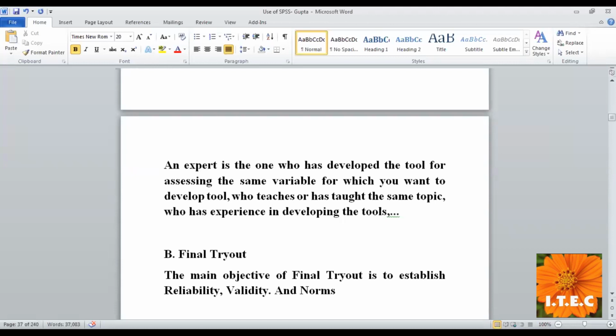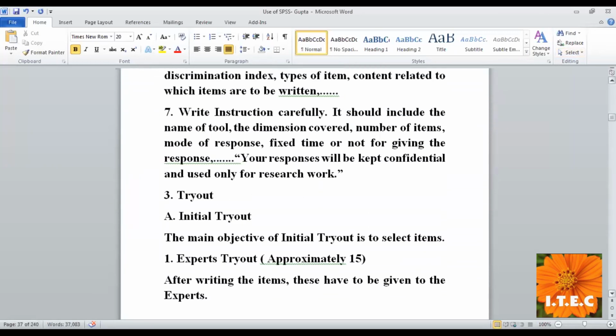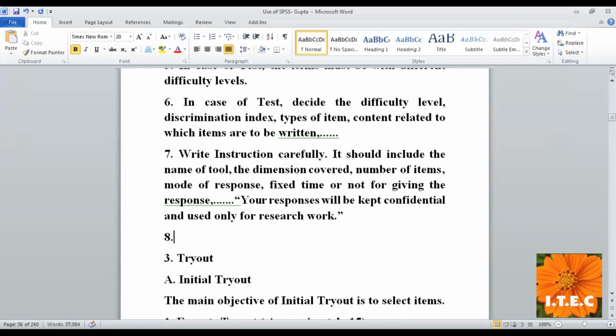And if some experts have written more items, then you can take them also into consideration, no problem. Now, there is one more thing I did not tell you, my dear friend, it skipped my mind: you should write double the number of items required.